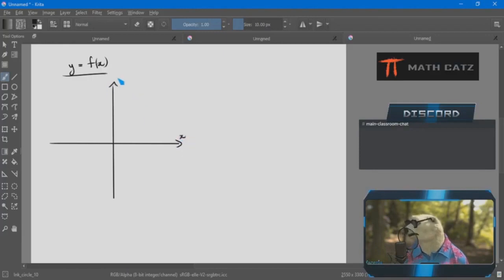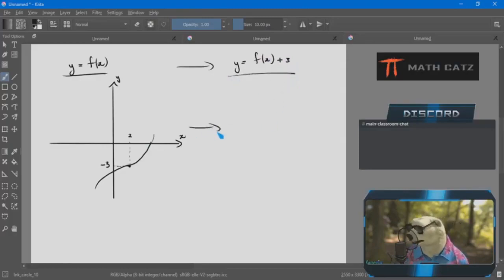Now the point 2, -3 is going to sit over here somewhere, right? 2 for x, -3 for y. So I don't know what it is, right? It could be all kinds of stuff happening. Who knows what this graph is? I'm guessing. But I'm changing the function to the same right-hand side, and then I'm adding 3. Then the graph changes in a predictable way.